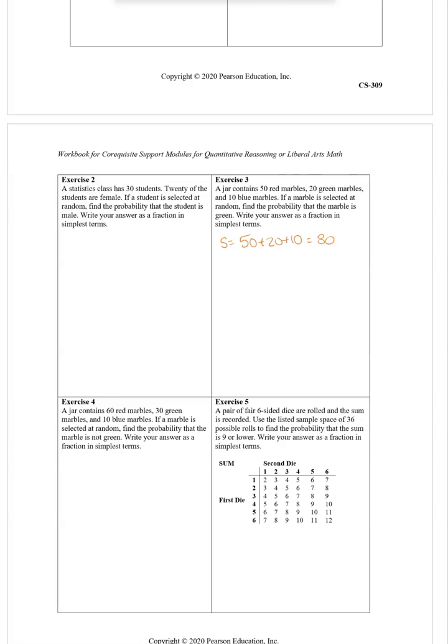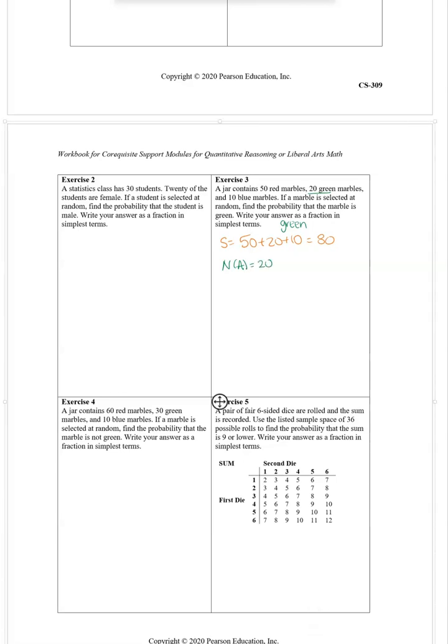Cool. And then what we're looking for is the green. So that's going to be our N of A. And our green, if you'll remember, was 20. So our N of A is going to be 20.